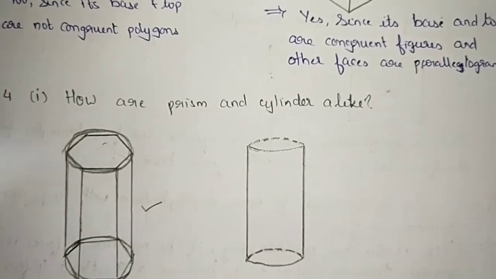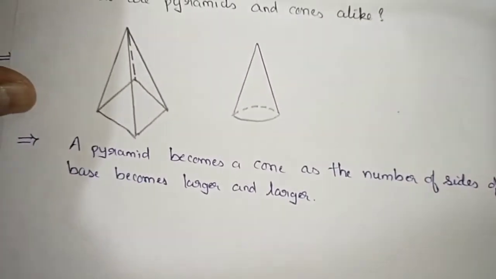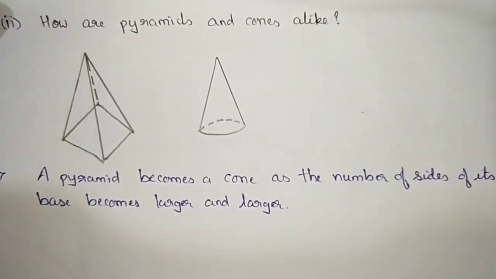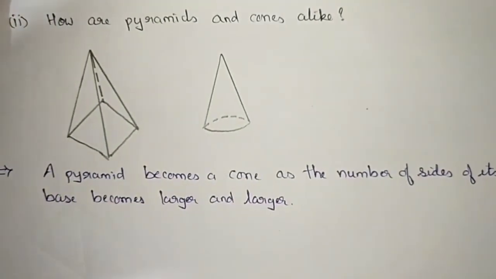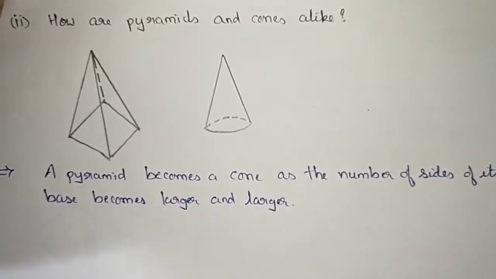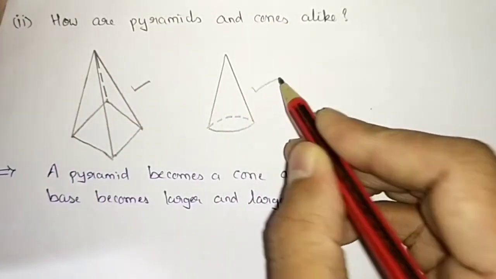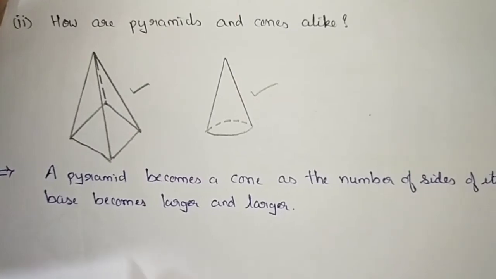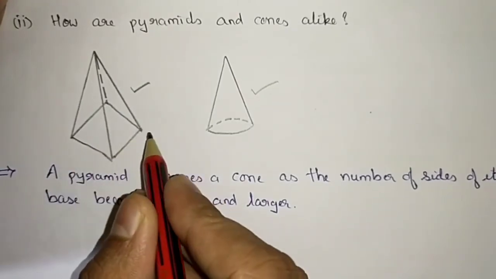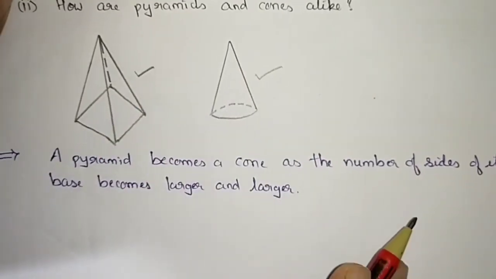Moving to the second part of question number 4. Similar question. How are pyramids and cones alike? Here I have given you a pyramid and here it is a cone. You can see the same answer we will write as in the first part.